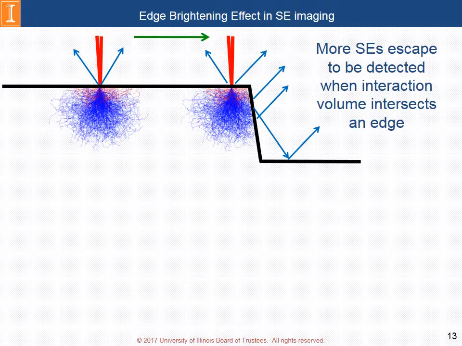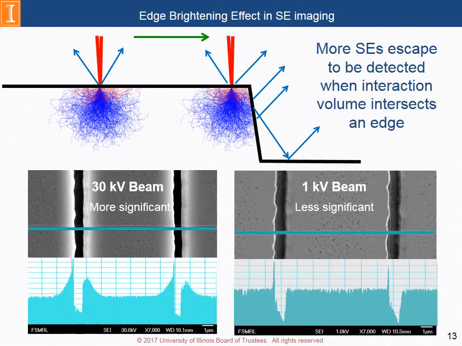Near the edge, more electrons can escape from the surface to be detected. The edge brightening effect also depends on the accelerating voltage used. We can see clearly that the effect is more significant in the 30 kV beam image than in the 1 kV beam image.